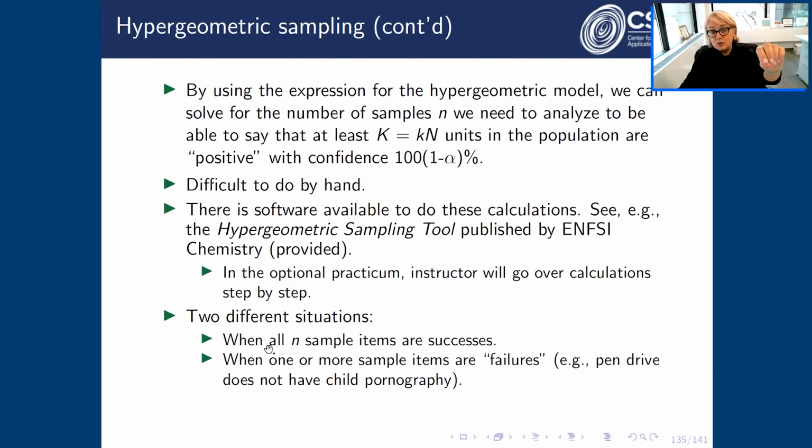Now, if I draw one and it does, that means that it's still possible that everyone will have child porn. And so the more positives I get in my sample, the smaller the sample I'm going to need in order to say that with 95% confidence, at least K% of the items in the population are positive.